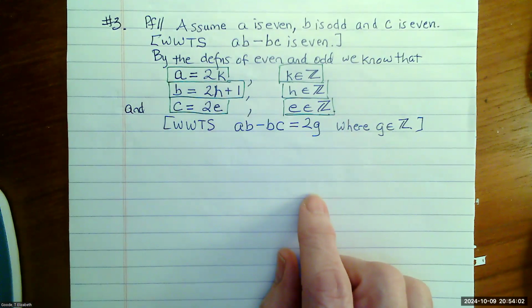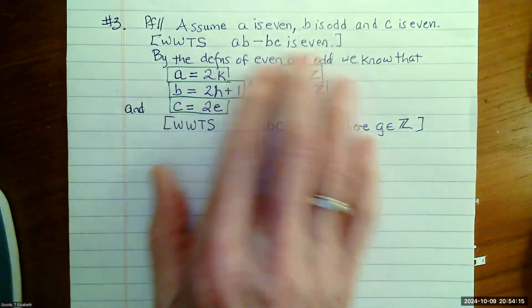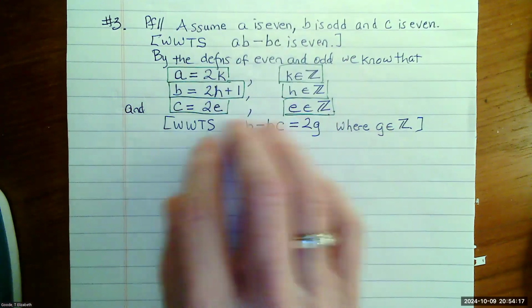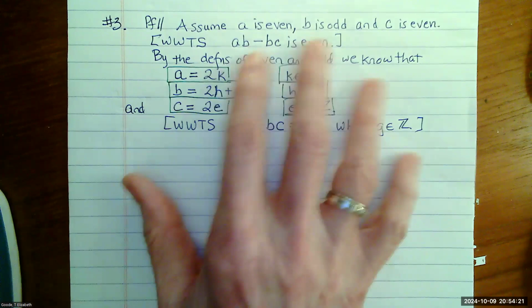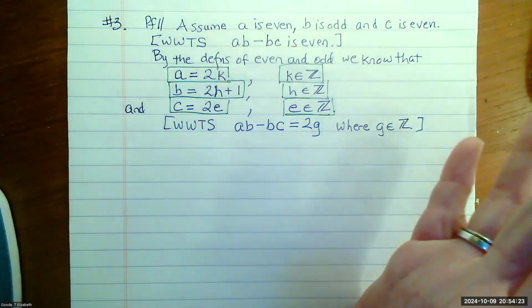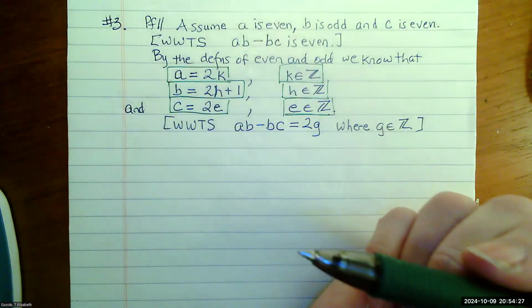For the homework, do I have to put it in the same format as number one, like A, B, and C, or can I just use the whole space for number three? Yeah, the guidelines would be to write it as an if then, if it weren't already written as an if then, but it is already written as an if then.